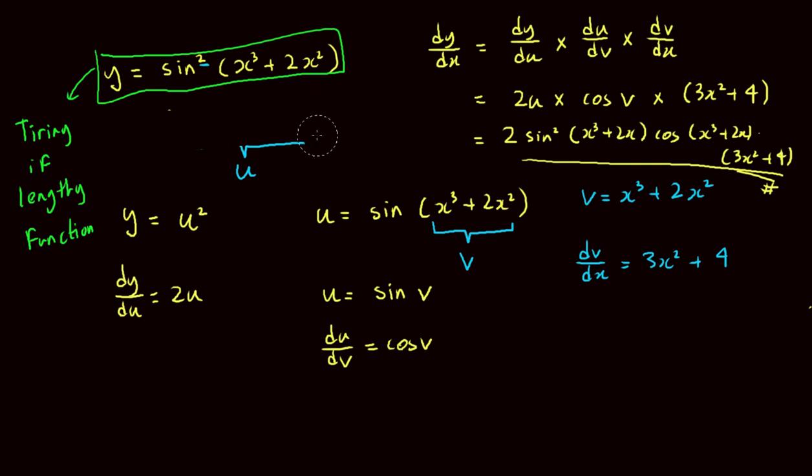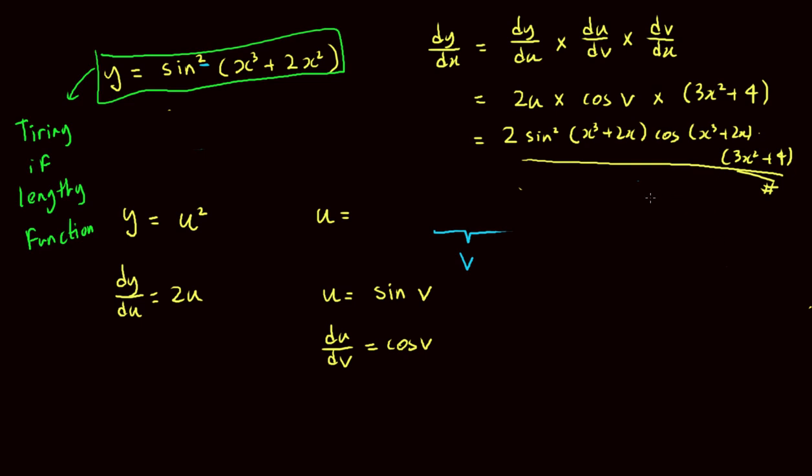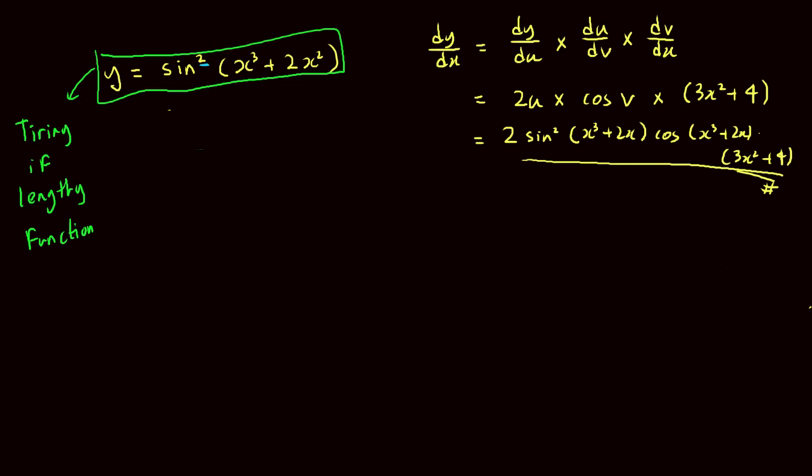So I'm going to erase all this. I'm going to call this method the in and out method, just like the fast food joint. It's a very cool nickname anyway, but let's proceed.